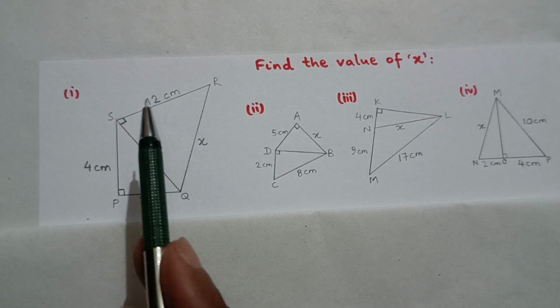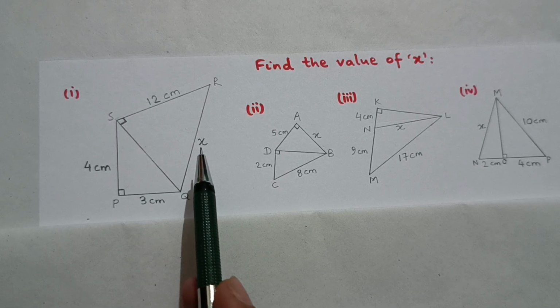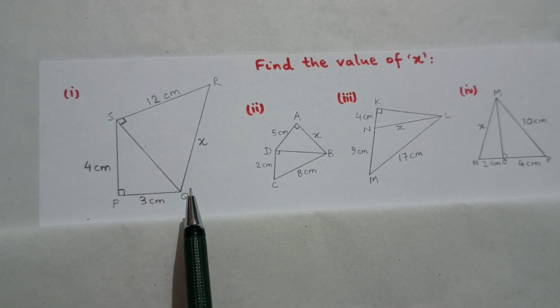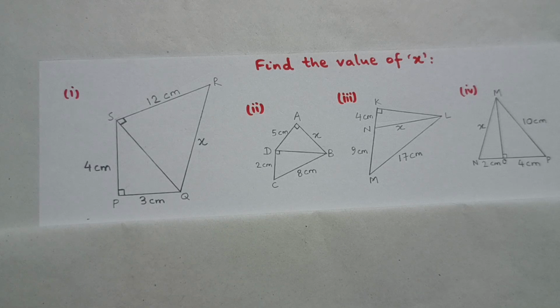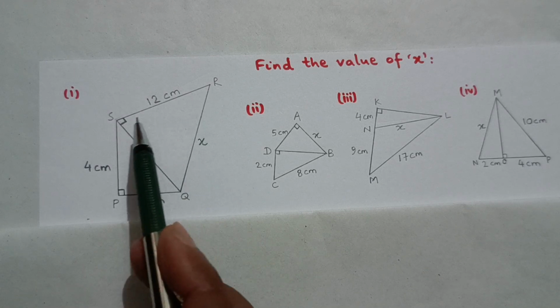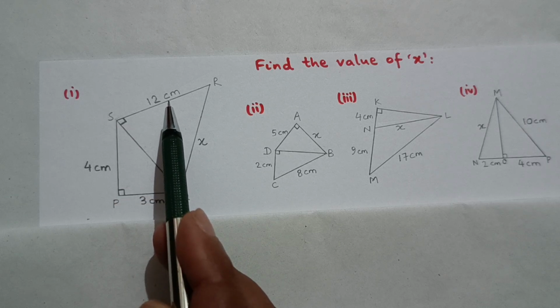Here we have been given this diagram and we have to find out what is the value of x, or you can say we have to find out what is the measure of side RQ. Now we have been given that RS is equal to 12 centimeter.